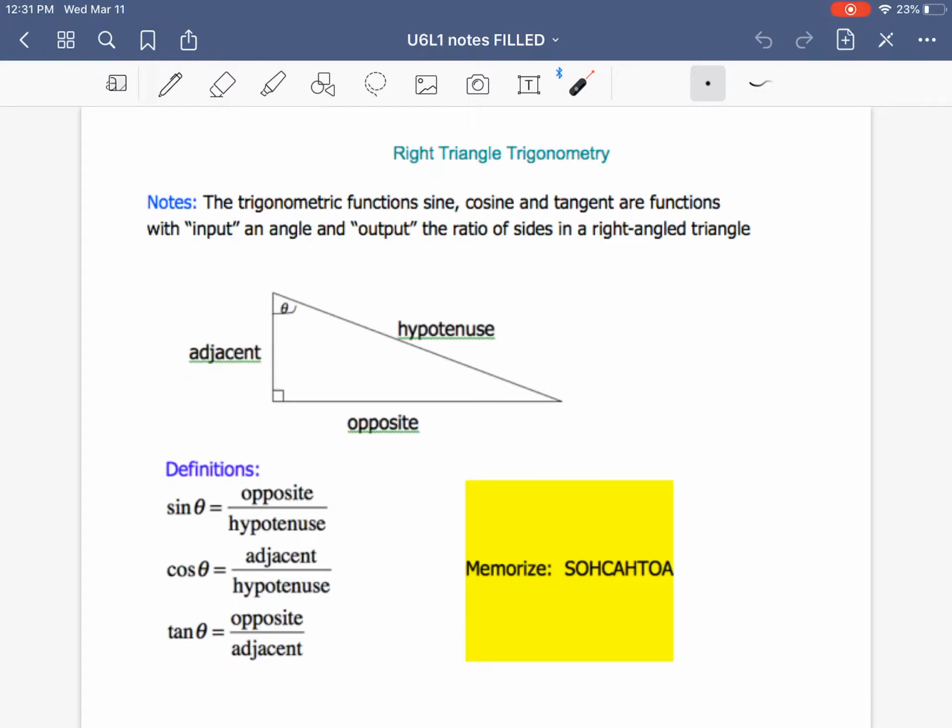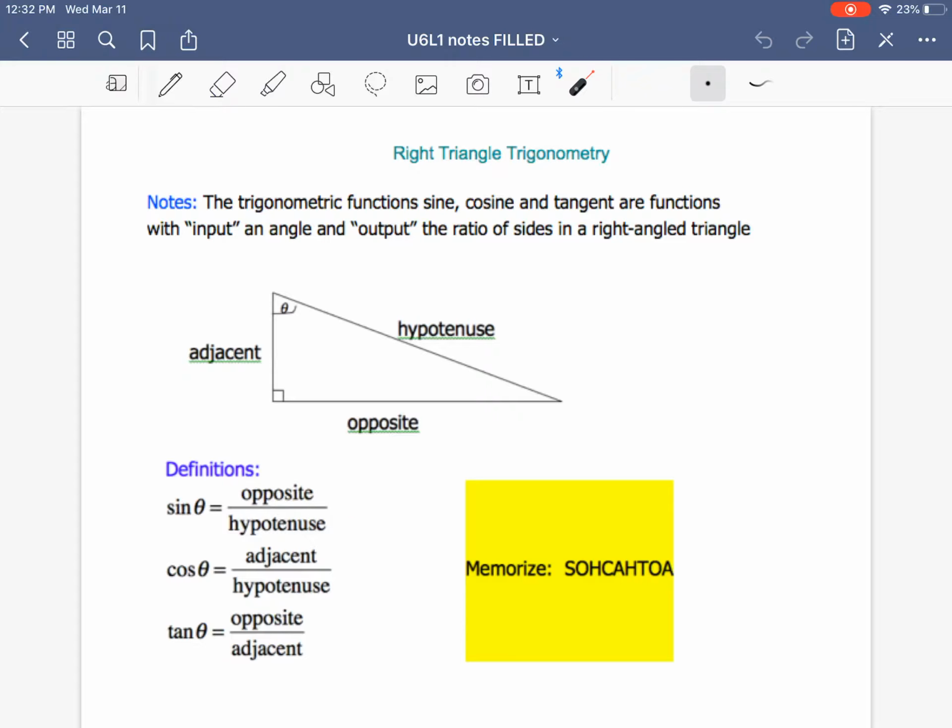Sine, cosine, and tangent are defined by these three ratios respectively. There's this mnemonic, SOHCAHTOA, a good way to remember what they are. The SOH part says that sine is equal to the opposite over the hypotenuse.